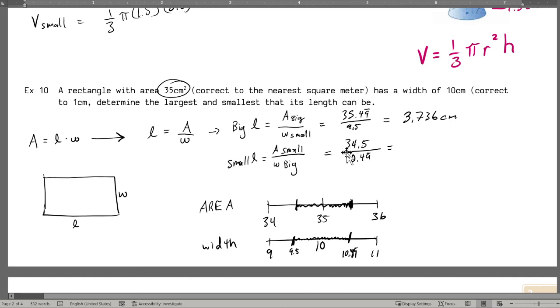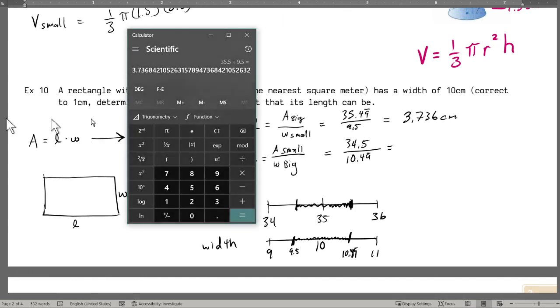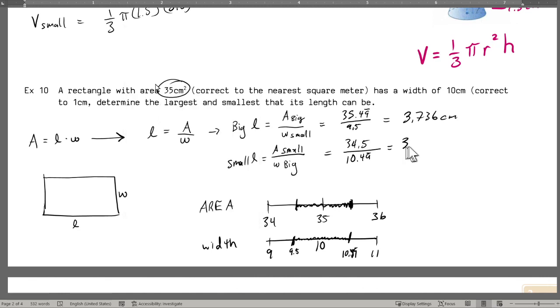And over here, it's 34.5 divided by 10.49 repeating, or 10.5. So the smallest the length could have been is 3.285 centimeters.